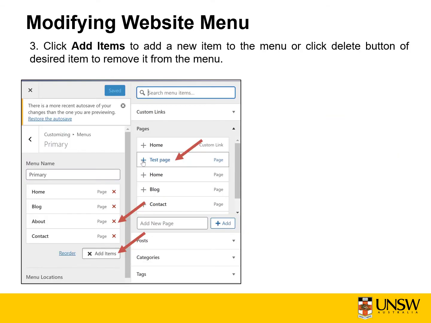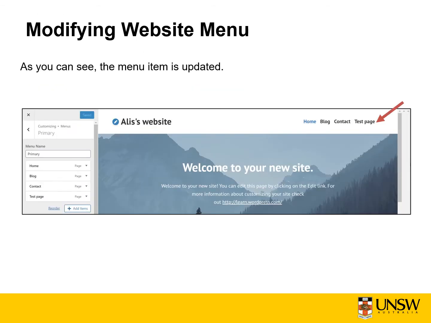In order to add a new item to the menu, click the Add Items button and click the plus button of the desired page. But if you want to delete one of the existing pages from the menu, select the desired item and click the Remove button. In order to see the changes of the menu, open your website in the Edit or the View mode. The demo in the next slide shows how you can modify your website menu.